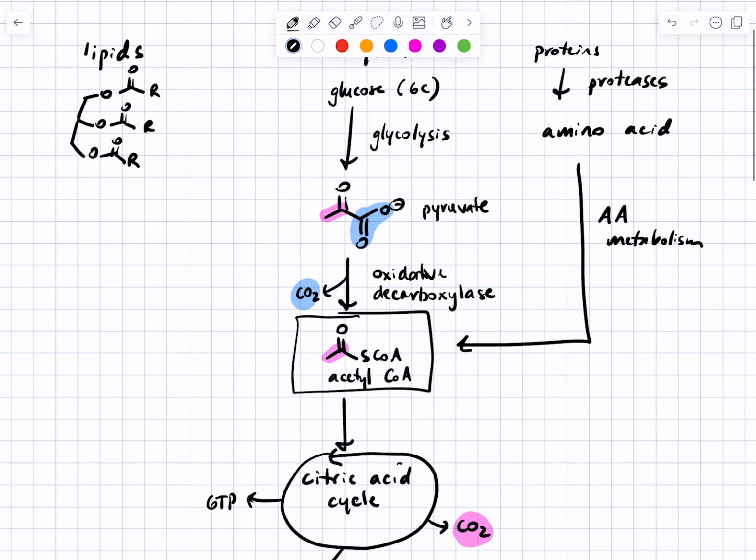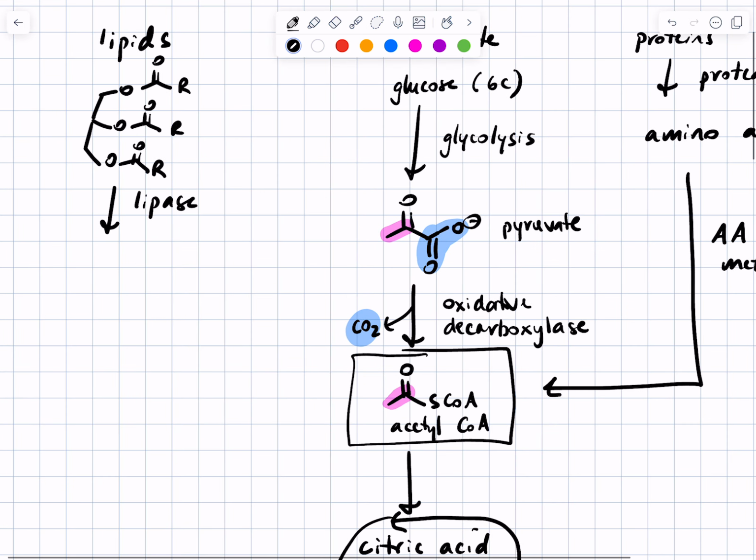I said we won't talk about amino acid metabolism. You've learned about proteolysis. I showed you the mechanism of how a serine protease breaks an amide bond, and that's where we will leave it. We're going to use a similar class of enzyme called a lipase, which is going to break the lipid apart into two pieces.